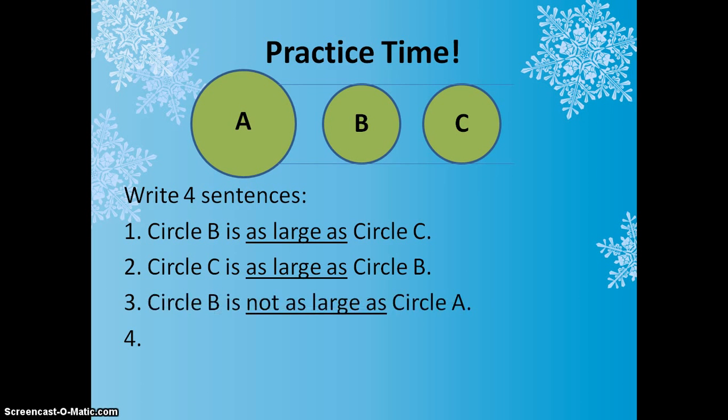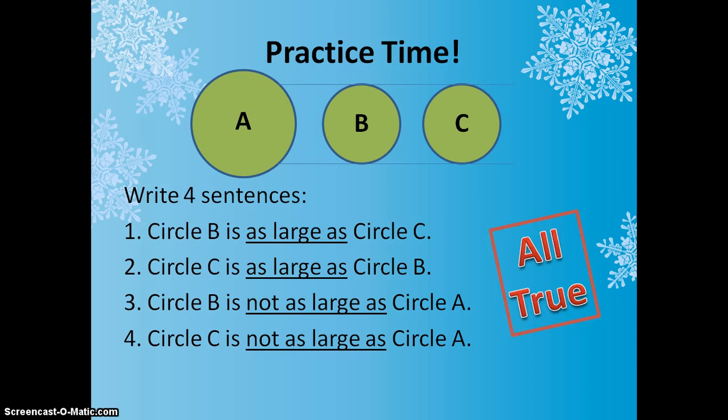Now let's look at circle A. We can say circle B is not as large as circle A, or we can say circle C is not as large as circle A. All of these sentences are true. If you look at numbers 1 and 2, here are our positive comparisons using as, adjective, as.